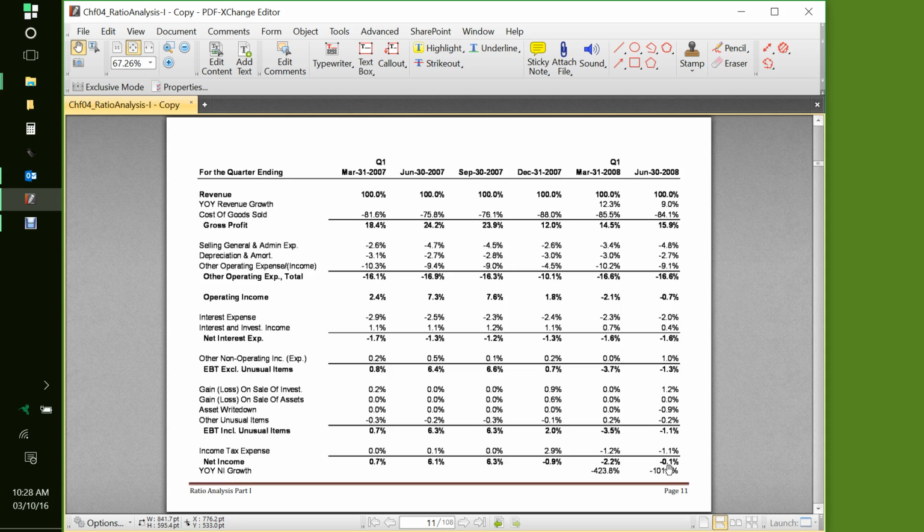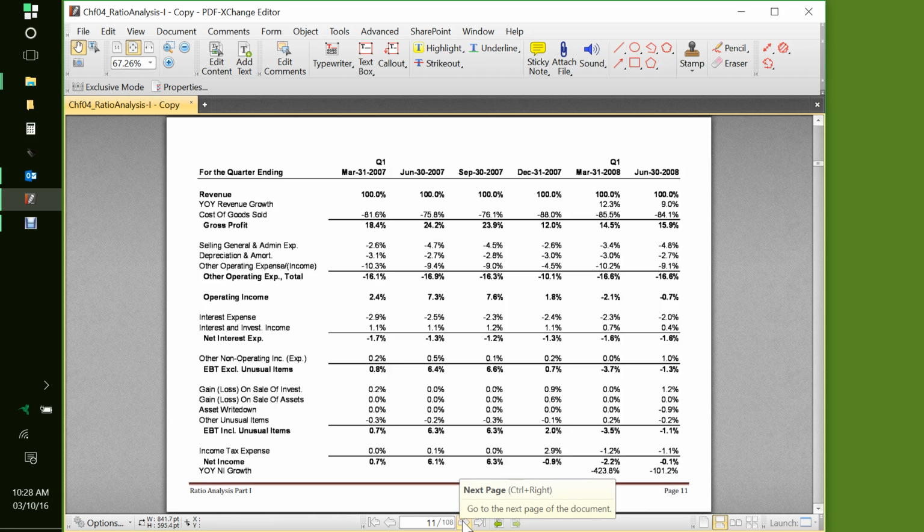We have negative net income in June 30, 2008, prior year quarter positive net income, negative net income in the quarter ending March 31, 2008, and we have positive net income in the prior year. So these common size statements are helpful for this type of analysis.